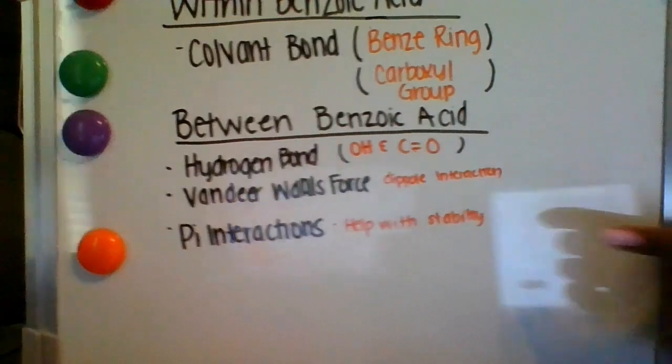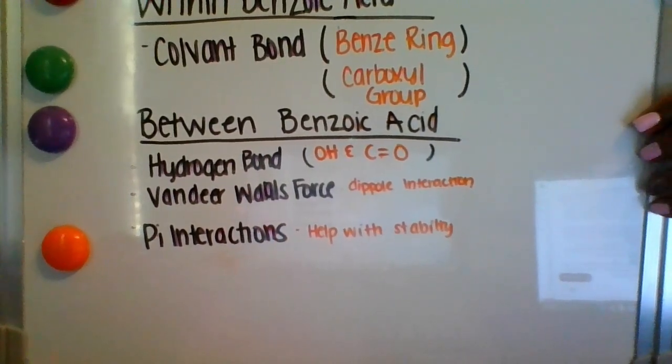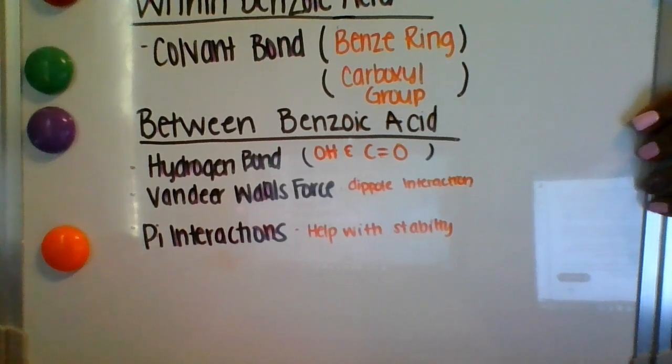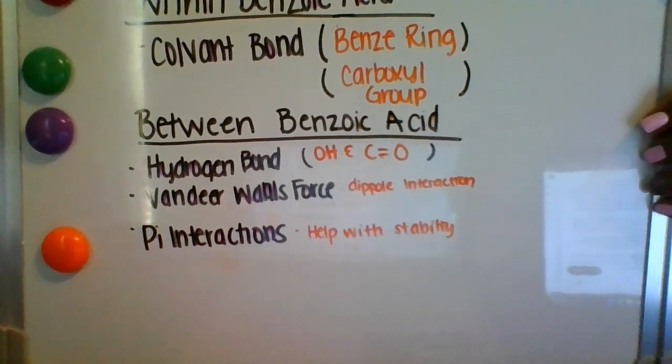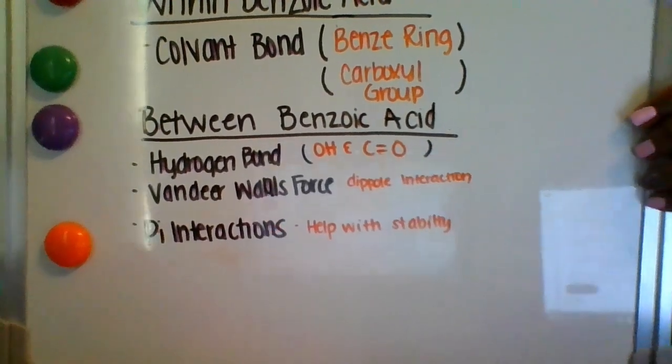And lastly is the pi-pi interaction, which happens in the benzoic ring. There's this pi to pi interaction adjacent to the aromatic ring, and these contribute to the overall stability of the molecule.